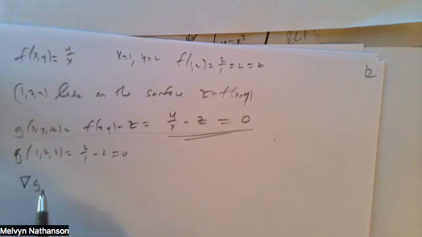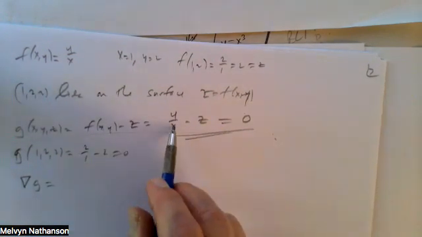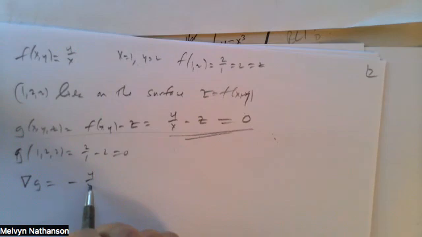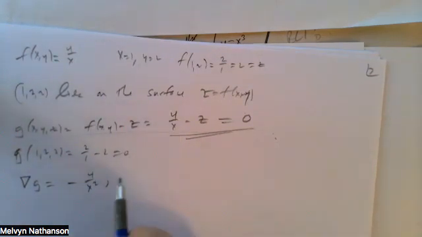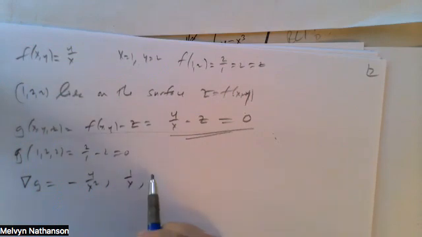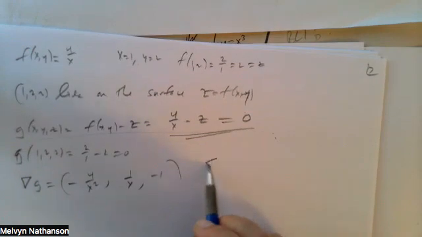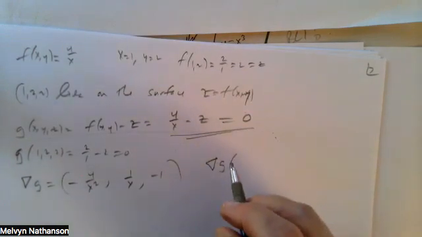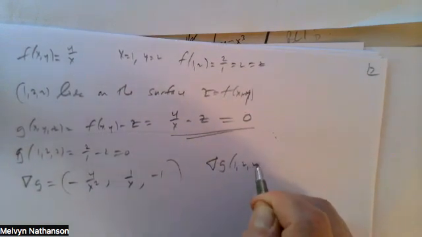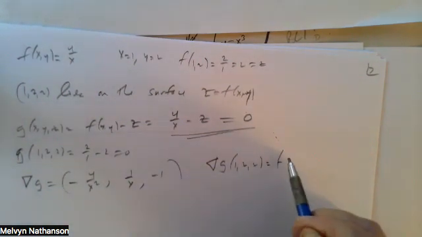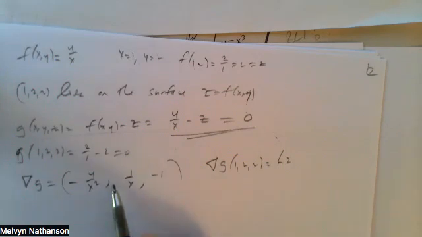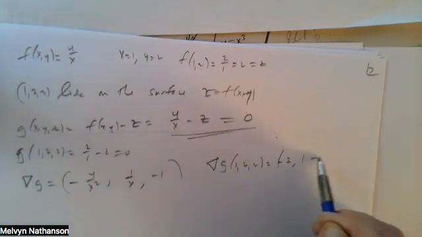For this function, what is the gradient? The gradient of g is the partial of f with respect to x, minus y over x squared, partial of f with respect to y, partial of f with respect to z. So the gradient of g at the point 1, 2, 2 is equal to minus 2 over 1, which is minus 2, 1 over 1, minus 1.